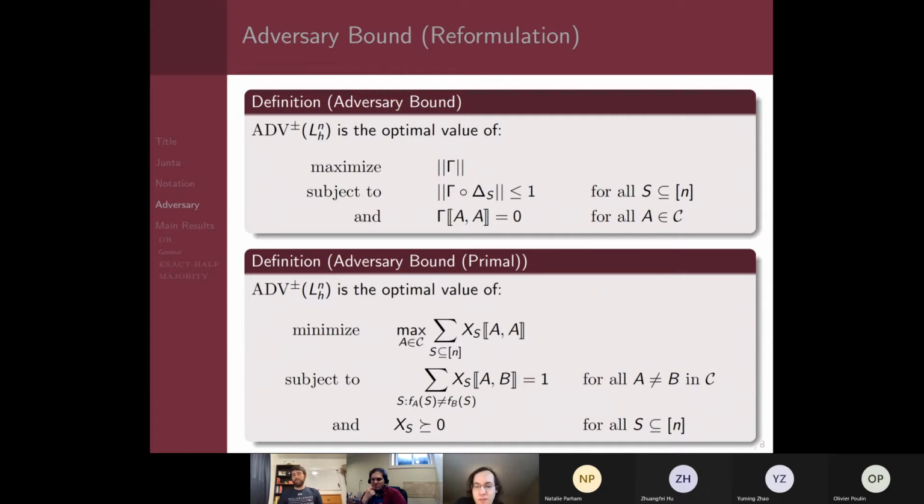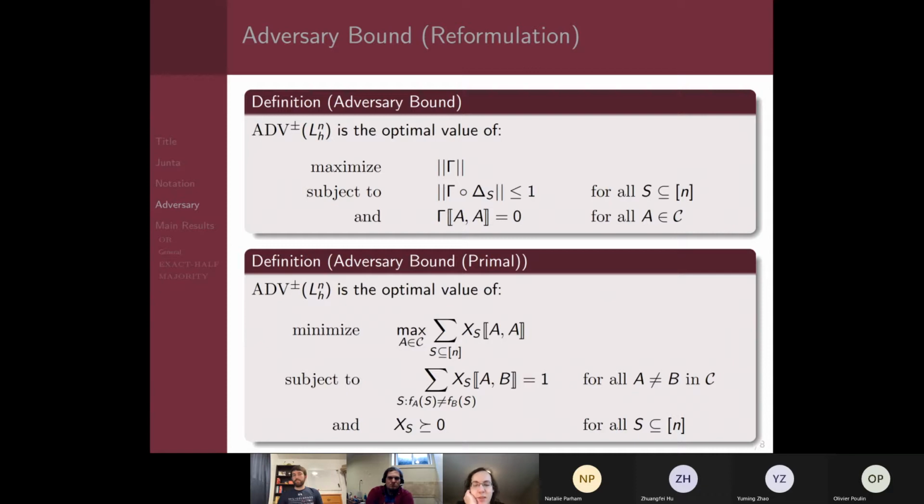You'd have one matrix for each j. And then they completely determine everything you need in order to describe the adversary bound, except that these matrices have to come from inner products of vectors, right? There would have to be a set of row vectors and a set of vectors such that this matrix is the inner product matrix for that set of vectors. Like that's the matrix you get when you take inner products of these sets of vectors with themselves.